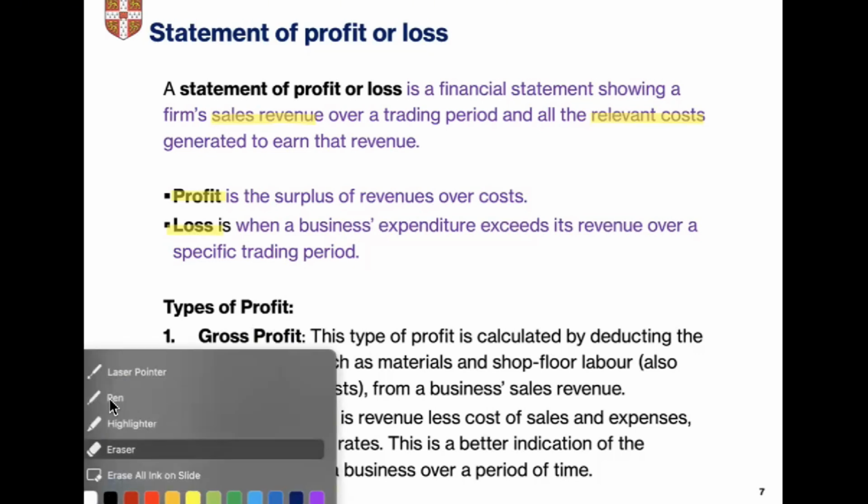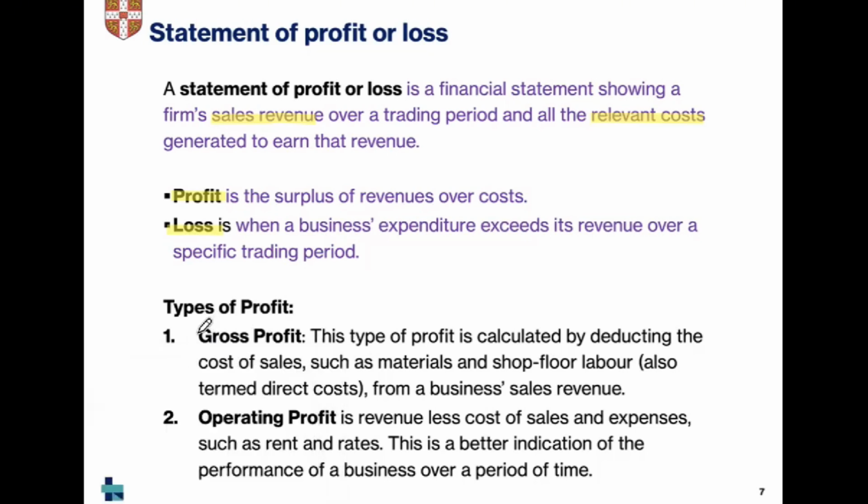So gross profit is our direct cost subtracted from our revenue. And then there is operating profit: other costs that are not direct costs, like expenses, rent, etc. These are other costs that must be deducted from gross profit to get the operating profit.